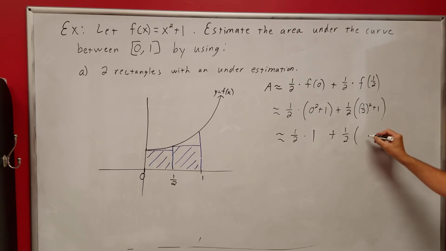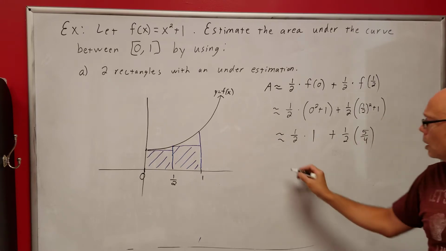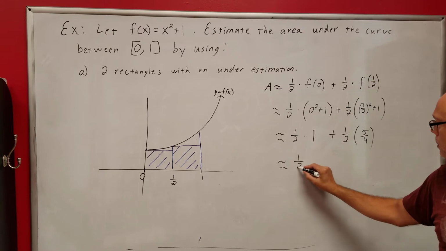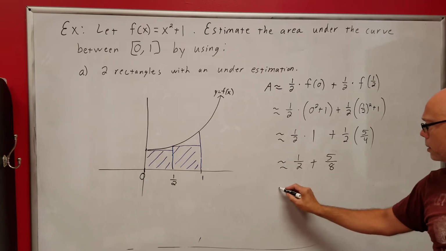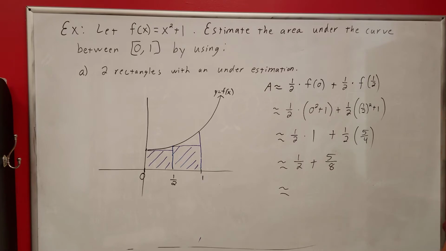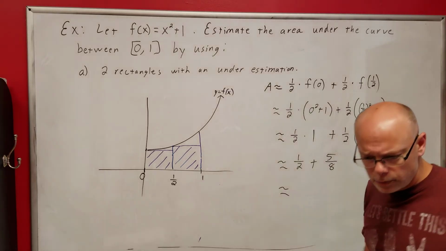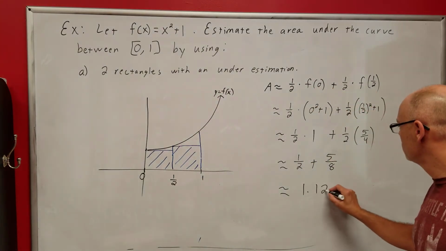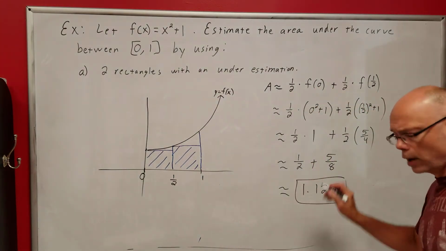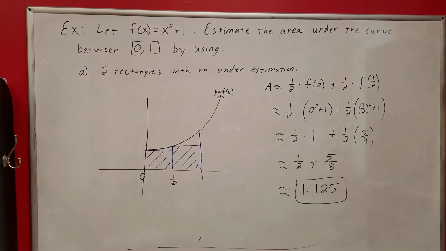A fourth plus 1 is 5/4. So that's 1/2 plus 5/8. And what does that give me? Something like 1.125 maybe? Yeah, 1.125 is my approximate area under that curve using two rectangles with an underestimation.